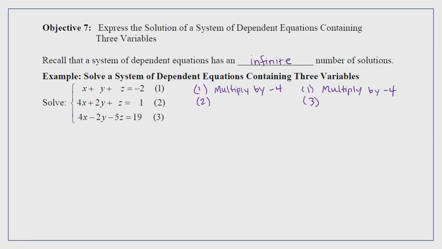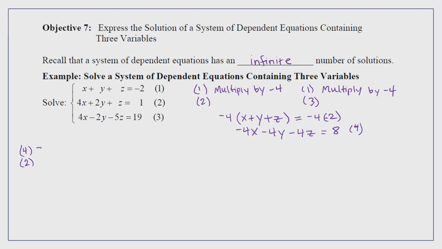Since I'm going to need it for both, I'm just going to multiply both sides by -4 one time. So -4 on the left-hand side and -4 on the right-hand side. So I have -4x minus 4y minus 4z equals 8. So I'll take equation 1 and equation 2. Well, it's actually equation 4 now because I have a new equation.